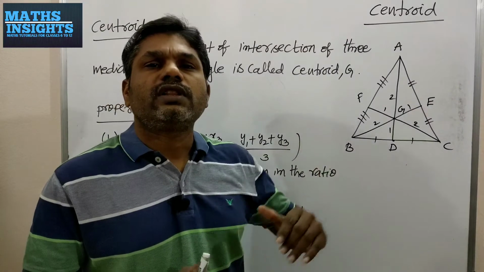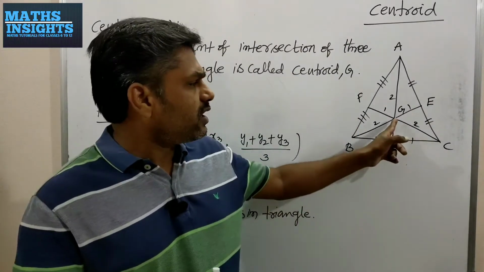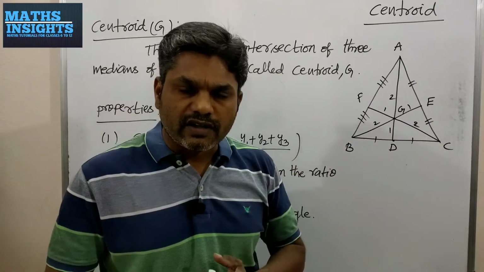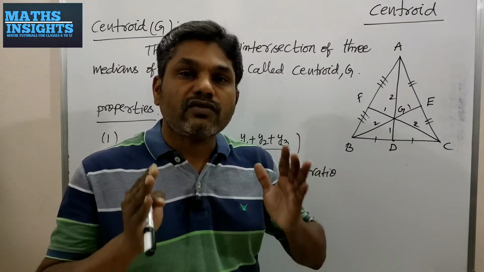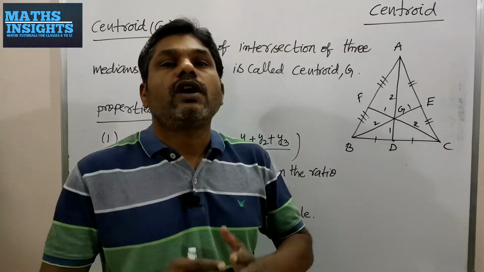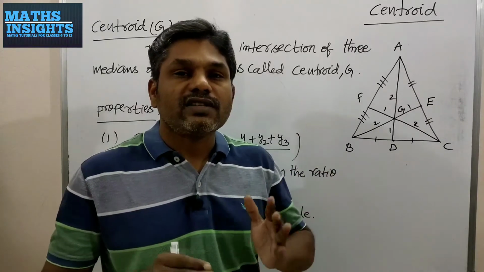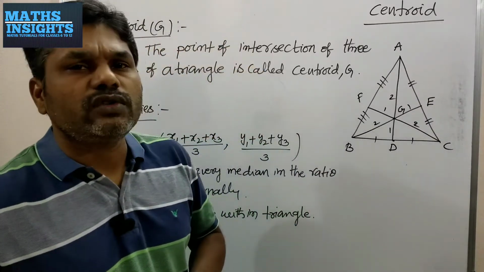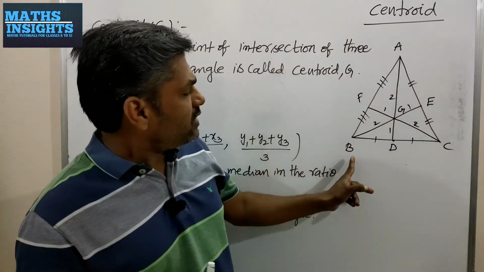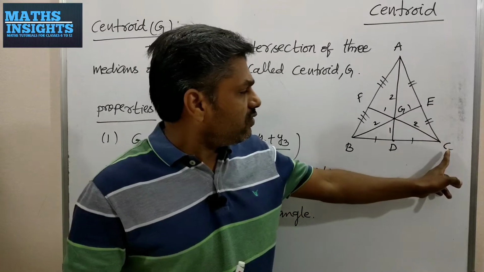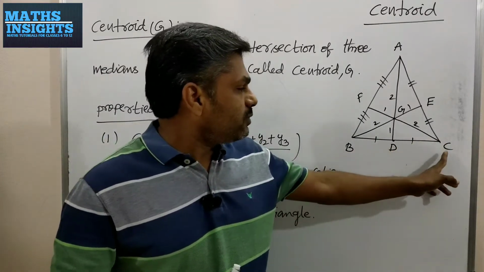You will have three medians and these three medians will meet at a point called the centroid. Once again, the centroid is the point of intersection of all three medians of a triangle. Say the vertices are A, B and C, and D is the midpoint of side BC.